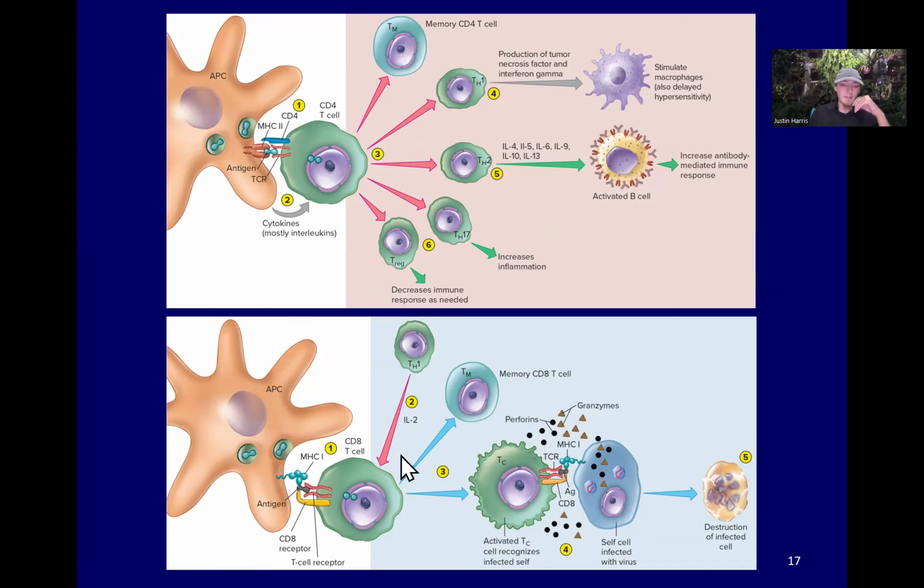You then likewise have the cytotoxic T cell, which has the MHC1 complex. It recognizes the MHC1 complex, which is found in all of the cells in your body, and those can be influenced and recruited by T helper cells.